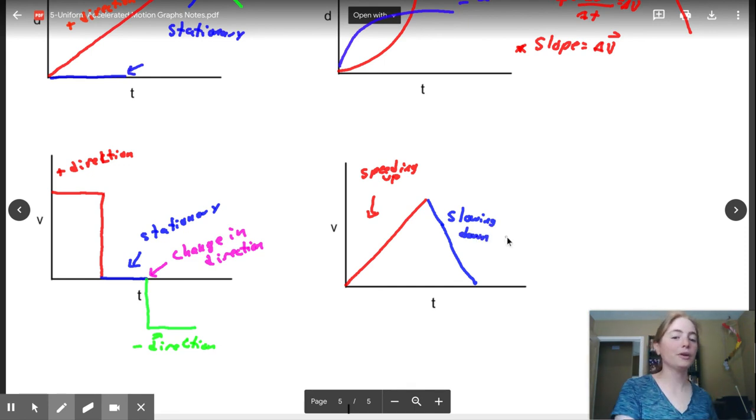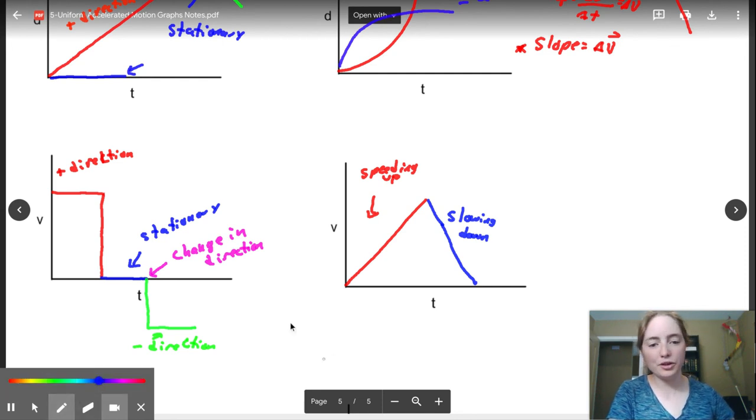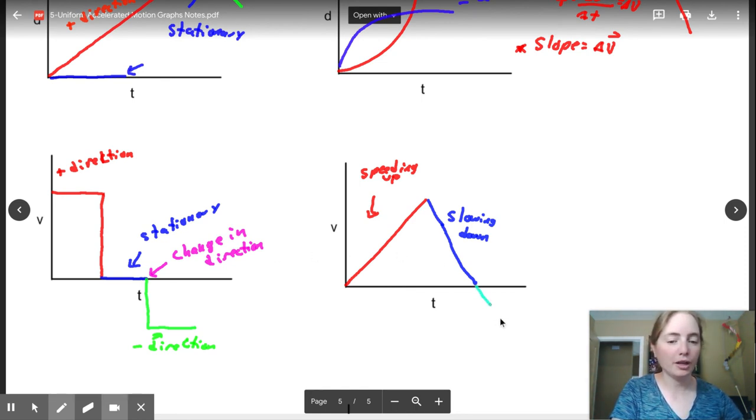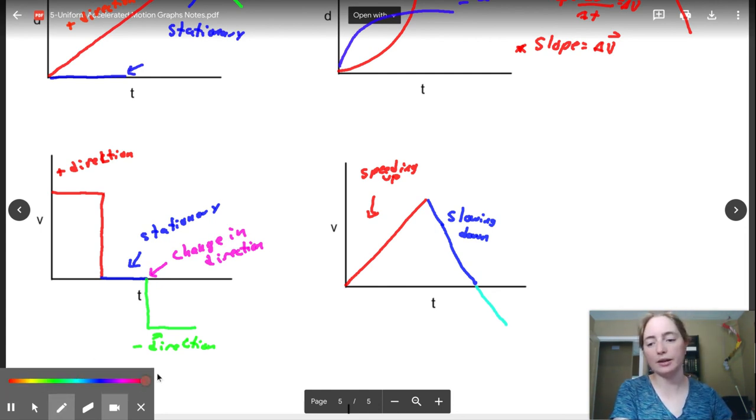Okay, I'm going to do a couple here that are tricky. In this pale blue line, I'm going to do a line like this. I want you to think about what that means. I'm going to have to extend my axes here. There we go.